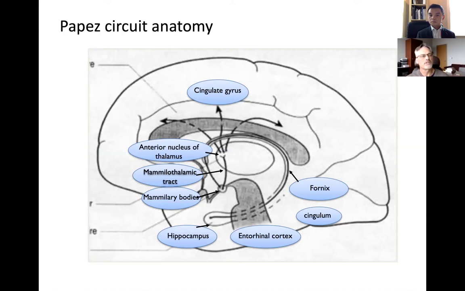We've learned over time that it's important in memory because lesions along various parts of this loop often cause amnesia, or they cause memory impairment. So we've discovered that the Papez circuit is important in memory because several structures involved in it, when lesioned, produce amnesias.